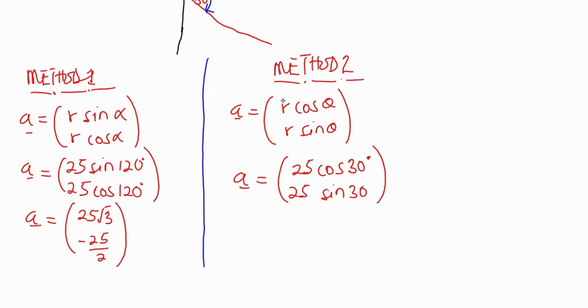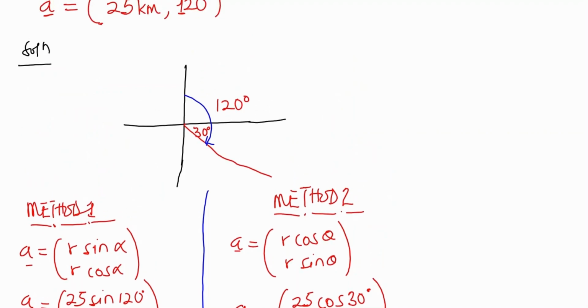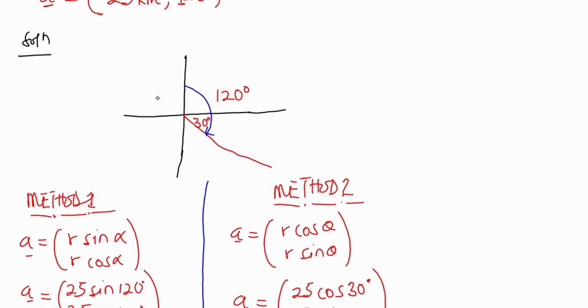Now this is what we are saying: in using method 2, we have to consider the quadrant in which the vector lies. That comes into play when we are also looking at the quadrants of the trigonometric ratio. From trigonometry, in the first quadrant all of the trig ratios are positive. In the second quadrant, it is only sine that is positive. In the third quadrant, it is only tan that is positive.